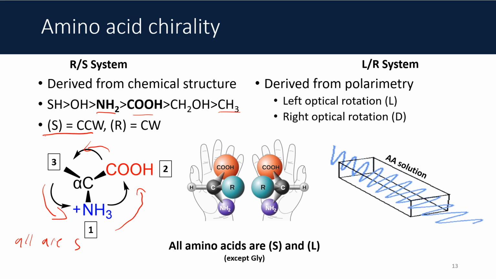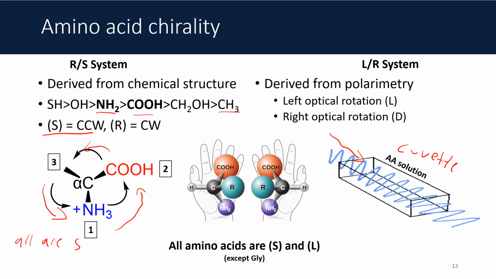Instead, you can get a better feel for a molecule's chirality through a technique called polarimetry. Here in polarimetry, we will pass a beam of plane polarized light through a cuvette containing an allegedly chiral compound, like an amino acid. And as the plane polarized light comes through, if it's chiral, the beam will optically rotate clockwise or counterclockwise, to the left or to the right.